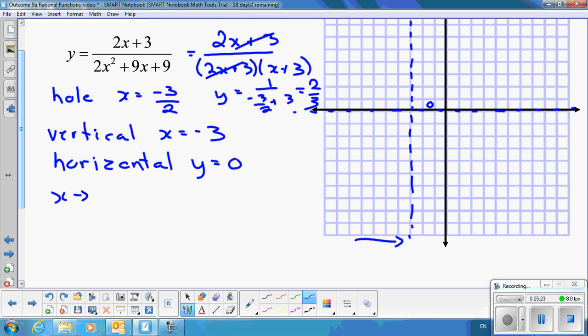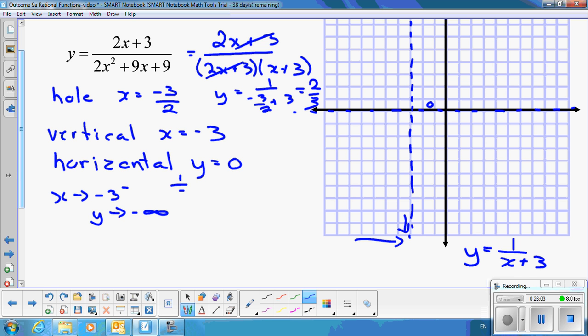So as x approaches -3 from the negative side, my equation has simplified into y equals 1 over x plus 3. So if I put in a value such as -3.1, the top is equal to 1. The denominator, -3.1 plus 3, will be a negative value. So as x approaches -3 from the negative side, y is going to approach negative infinity.